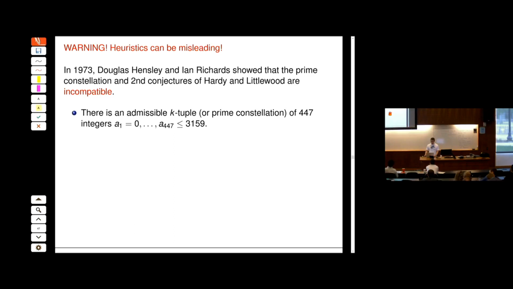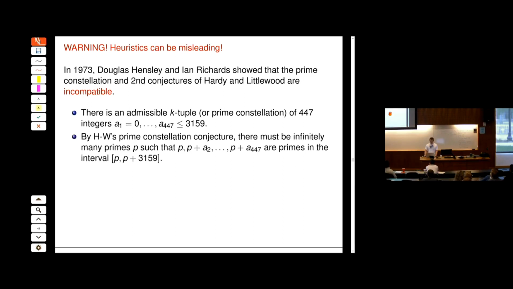So here's how you prove that the first implies that the second is false. For instance, there is an admissible k-tuple of 447 integers up to 3,159. If the first conjecture is true, then there will be infinitely many primes that fit that constellation. Those are primes p in the interval from p to p plus 3159.